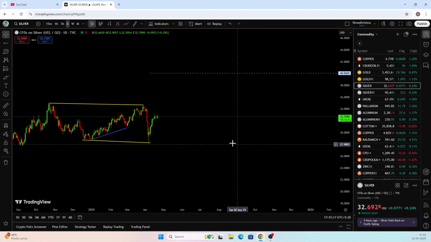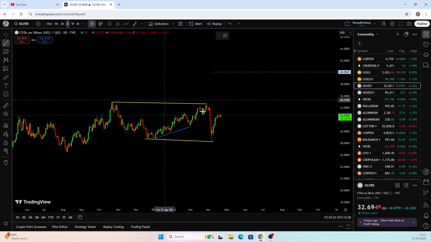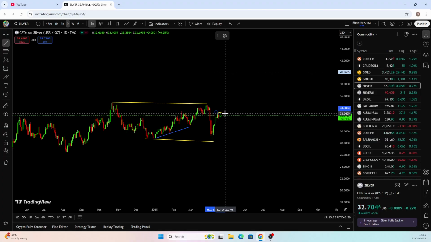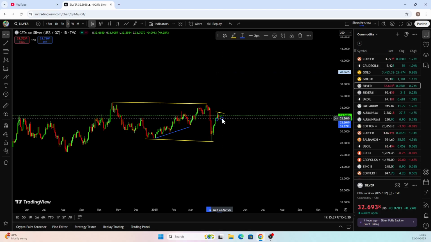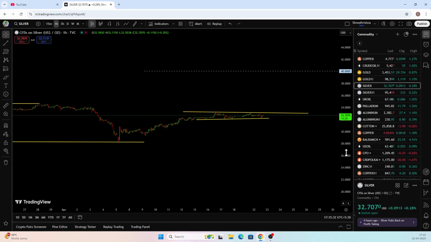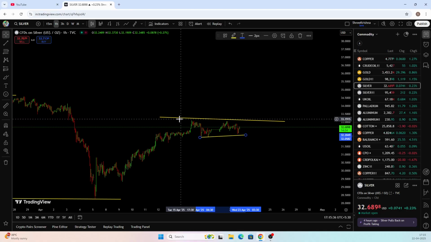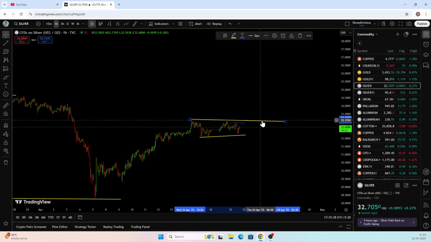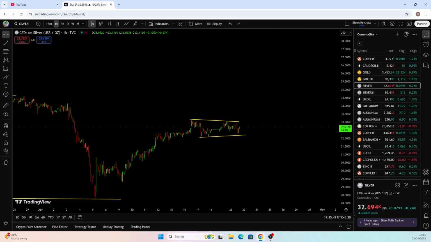Will it go up? Yes, but you need a flag here before silver starts moving upside. This flag has to be completed. It is almost completed. Once this flag breaks, it's likely to head up.